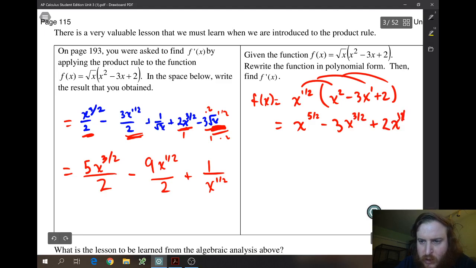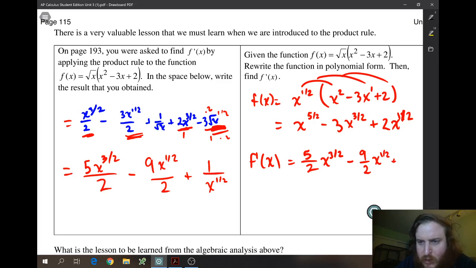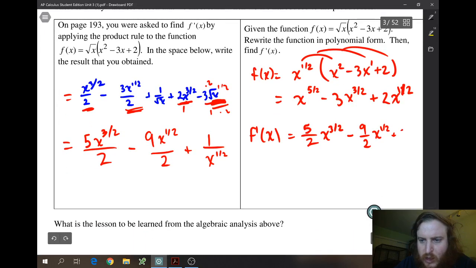This is rewriting it. And when we take the derivative here, we just get 5 halves, x to the 3 halves, minus 9 halves, x to the half, and plus, this is the one we can memorize, 2 times 1 over 2 square root of x, and the 2's cancel.